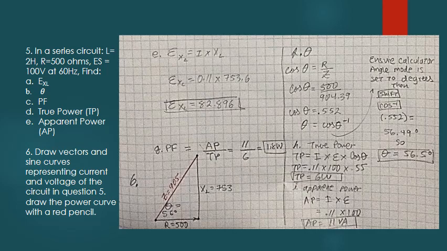So theta equals 56.5 degrees, and that is your phase angle.